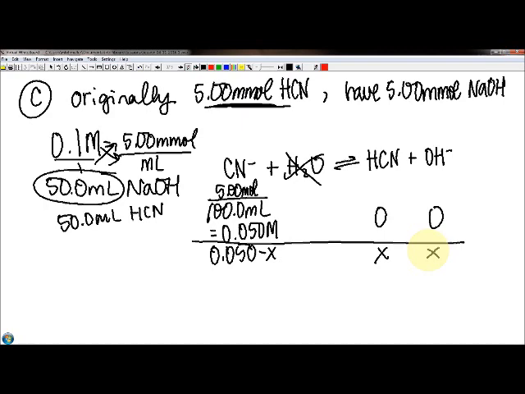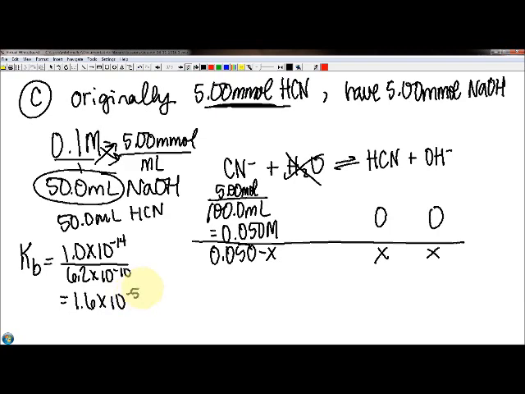So before we go further, we need to switch our Ka to Kb, because we did the Kb expression, the base equation. So to switch it, Kb equals Kw divided by the Ka. So the Kb is 1.6 times 10 to the negative 5.